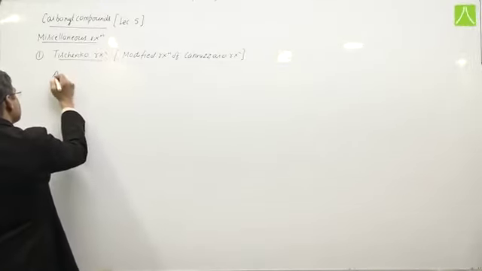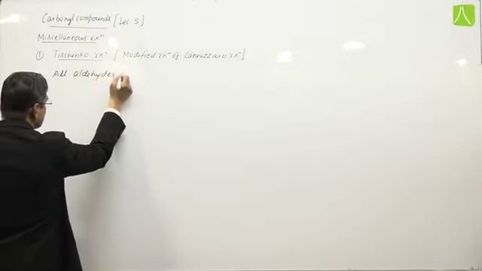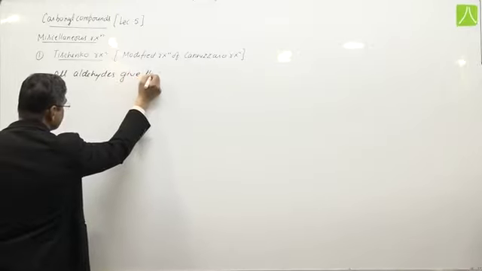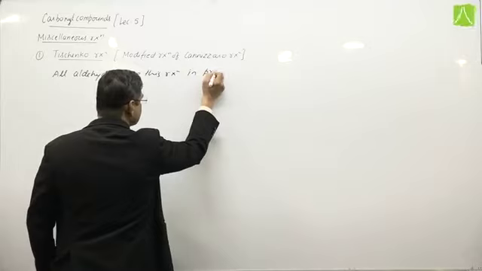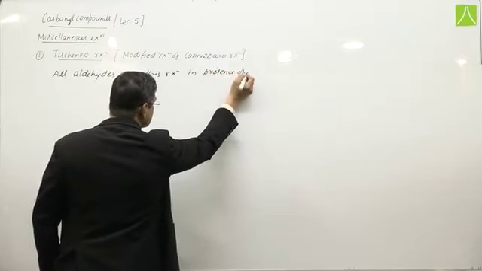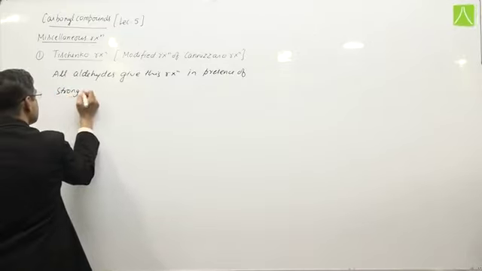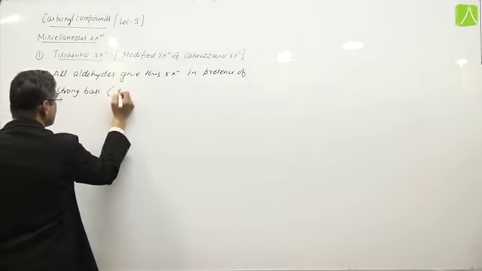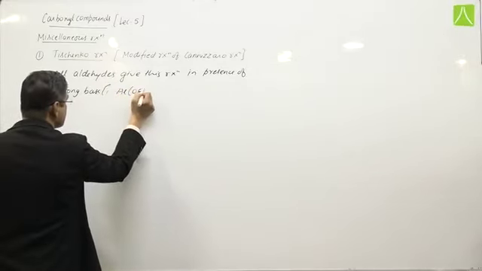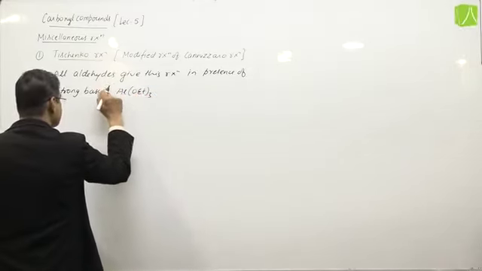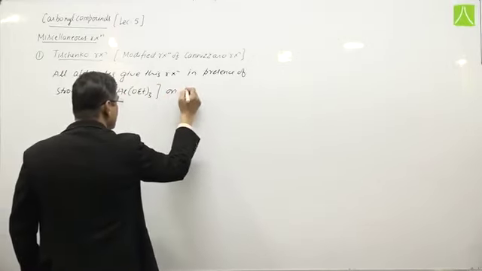So all aldehydes give this reaction in presence of strong base, that is aluminium tertiary ethoxide like base, on heating.